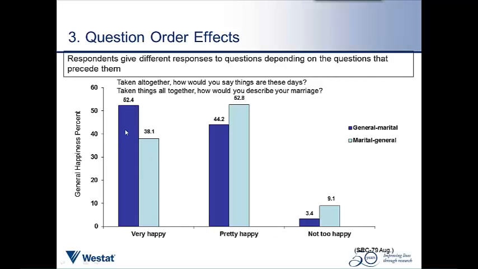So how happy is your life? Oh, it's really happy. How happy is your marriage? Versus how happy is your marriage? And then how happy is your life? So again, this underscores the power of these context effects and really paying attention to the order in which you're asking the questions and how they might be impacting subsequent questions.